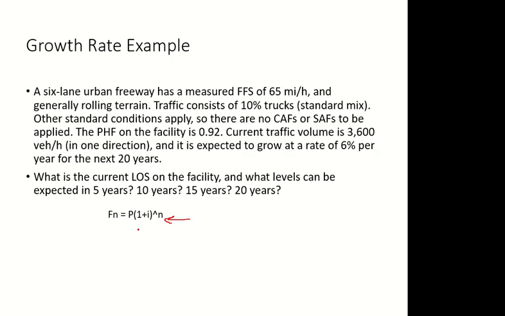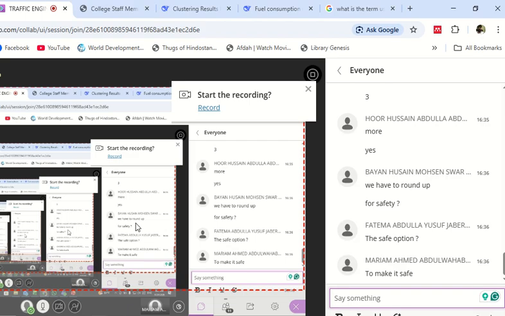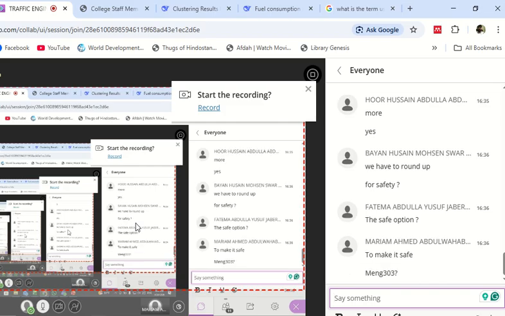Yes, anyone? In which course do you see this equation for calculating future value? Yes, I believe you mean the economics course. Okay, so yes, you are right.